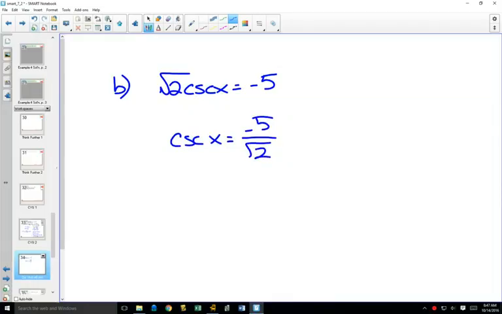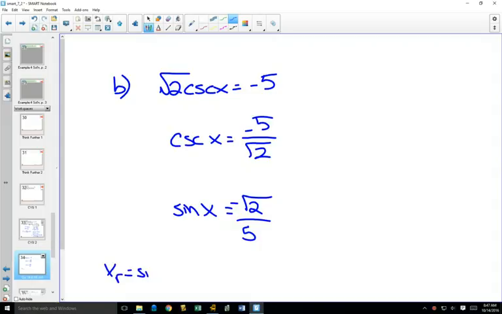Once you get one of your reciprocal functions by itself, if you want to write sine instead of cosecant, the angle stays the same, the ratio gets flipped. So now we have negative root 2 over 5 equals sine x. Obviously that's not on our pie plate, so we're going to need to find a reference angle again.